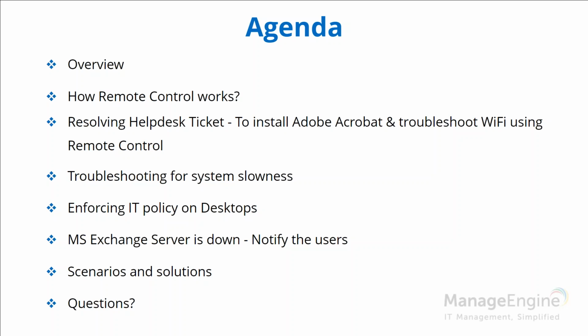Then how to troubleshoot the system slowness issue using the tools, and how to enforce or implement different IT policies on the desktops and the network. And on events like the Exchange server being down, how to notify the users about it then and there, and the different scenarios and solutions which we came across based on our experience. We'll be talking on that, and at last followed by the questions.